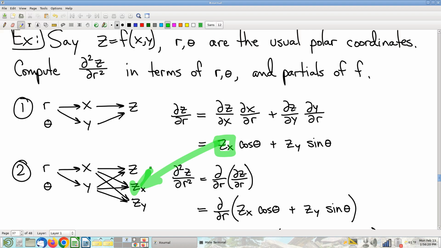The second advice is don't do these too quickly. Don't try to do too much in your head. I was doing three steps at once to try to save some ink, and I forgot about something. Really easy to make mistakes there.